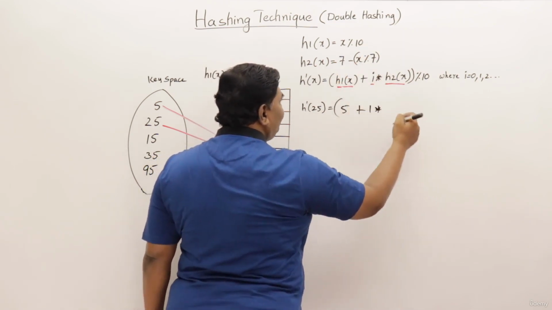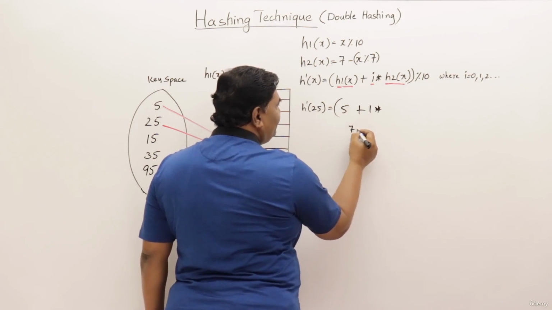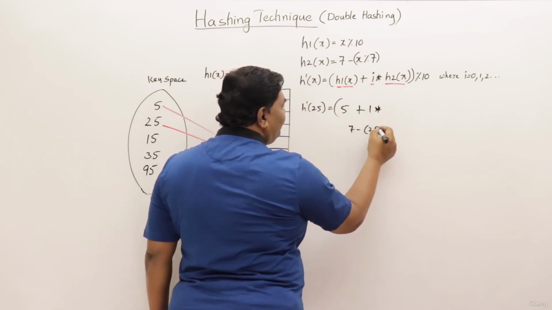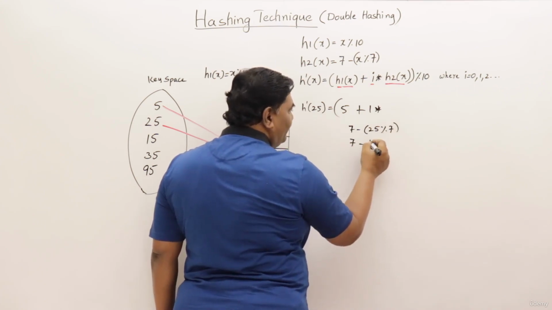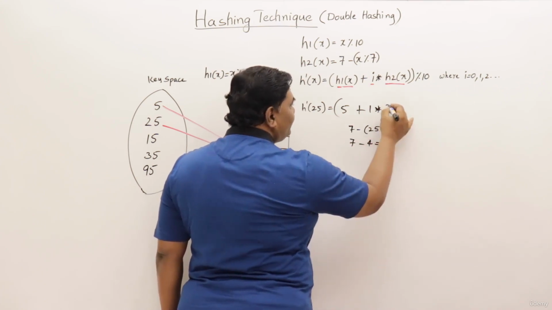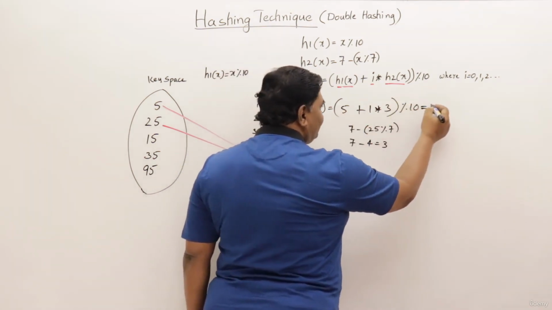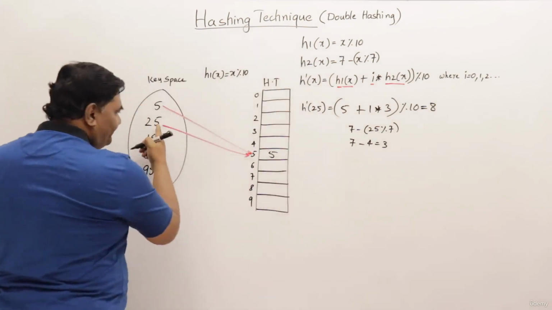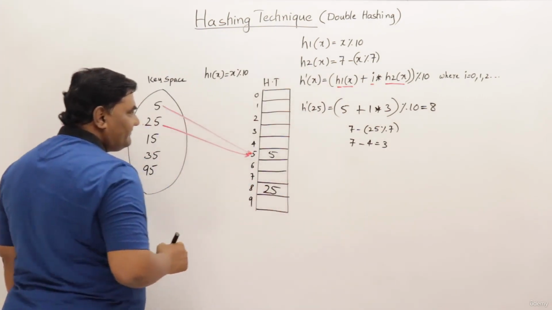So what is the result for 25? I will calculate it. 7 minus 25 mod 7. So this is 7 minus 4. So this is 3. So it should be 3 mod 10. This will be 5 plus 3, that is 8. So 25 should be stored at index 8. So 25 is stored here.